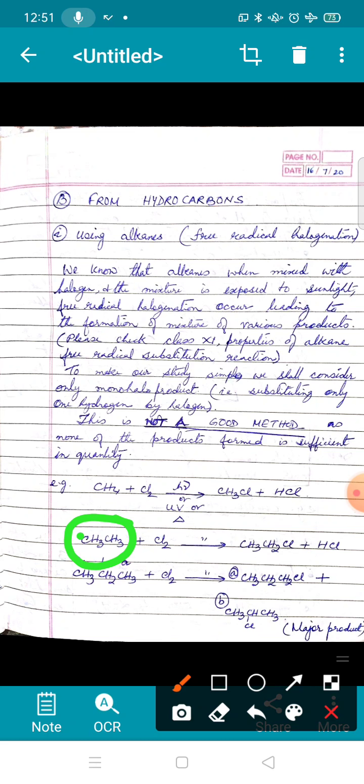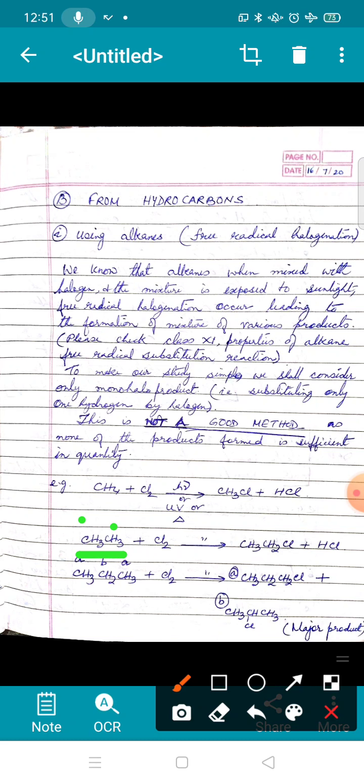Now when I look at the neighboring carbon, it is also having 3 hydrogens attached to it. So this carbon has own hydrogen 3, neighboring hydrogen also 3. Now let's see the other way. Let's consider this carbon. It has own hydrogen 3, neighboring hydrogen also 3. So both the carbons are having similar environment.